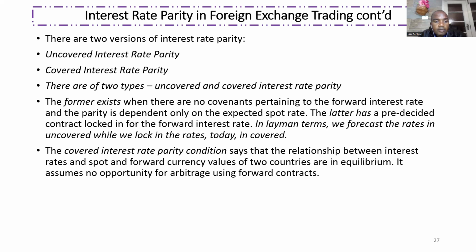In contrast, the naked or uncovered interest rate parity exists in a scenario when there are no covenants pertaining to the forward interest rate, and the parity is dependent only on the expected spot rate.